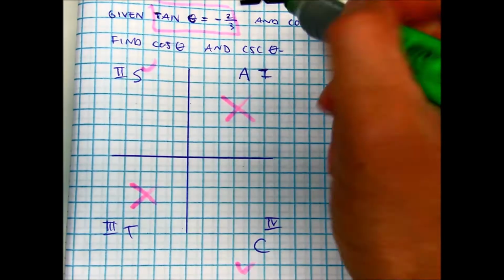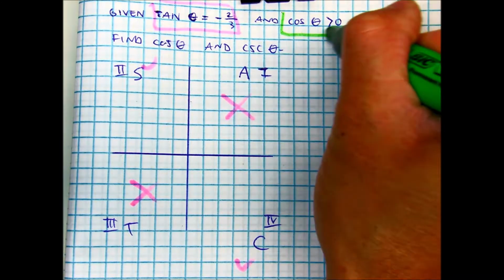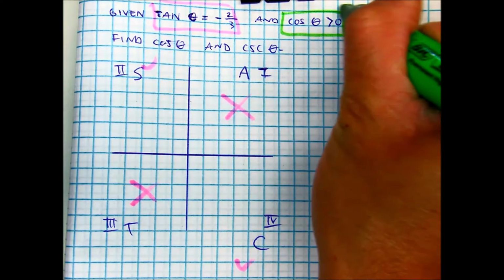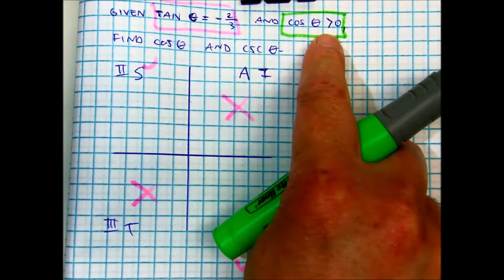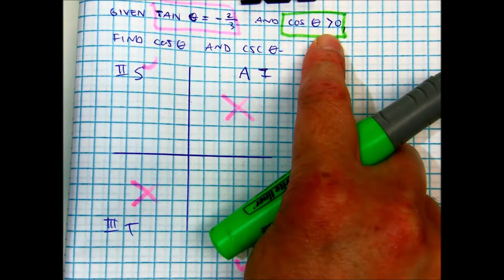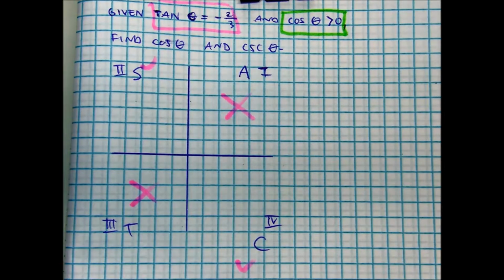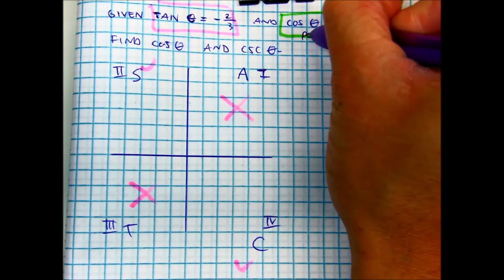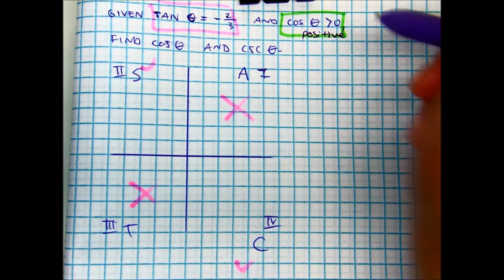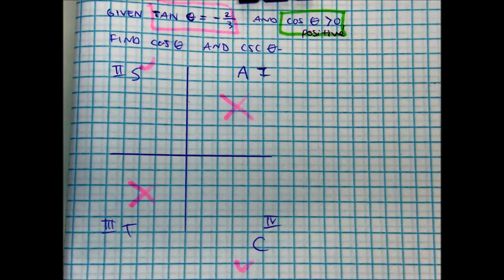Look at this. Cosine is greater than 0. If I said that my bank account is greater than 0, what does that imply? Positive or negative? Positive. So this is just a fancy way of saying positive. So where is cosine positive? Which quadrants?